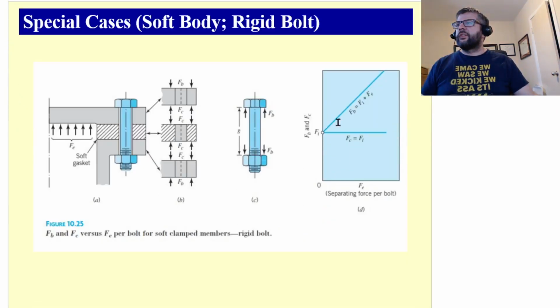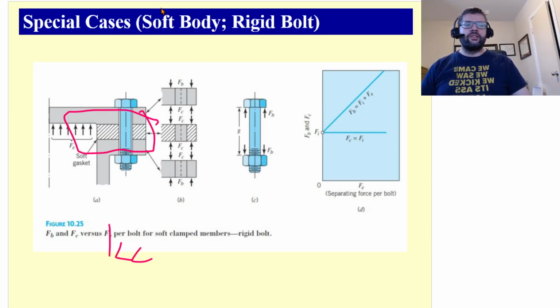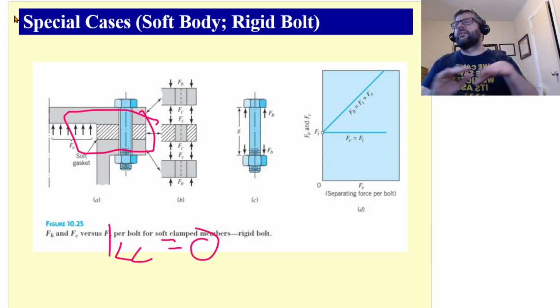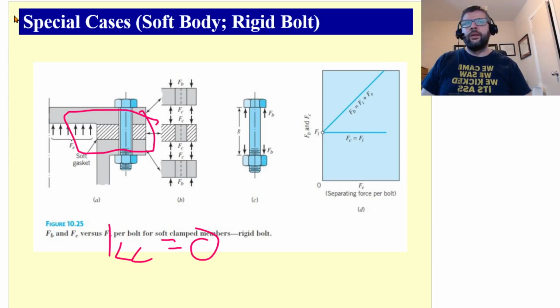So if we have a soft body and a rigid bolt, so a relatively thick, soft gasket here, then we can approximate that by saying Kc is equal to 0. Its stiffness relative to the bolt is low enough that we can just ignore it.